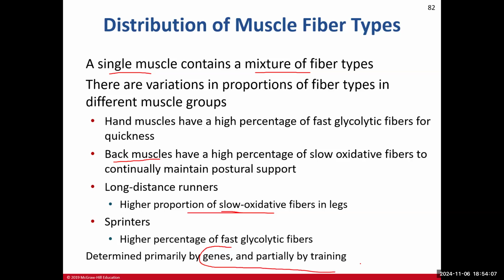Predominantly, the fiber type is determined by your genes, and you can alter that somewhat mildly through training. Somebody like myself is not going to make a very good sprinter because I don't have the muscle mass in my thighs and in my legs. It's just not in it for me. I wasn't blessed by that. I can train all I want, but I won't be Olympic caliber.